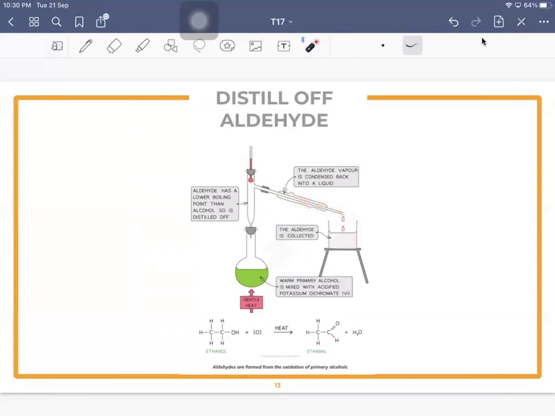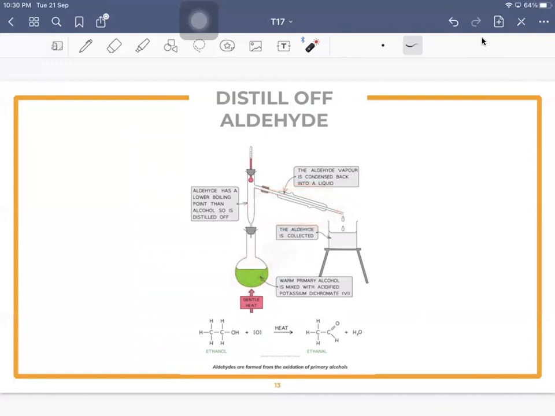You do not want aldehyde to stay in the reaction mixture because if the aldehyde reacts with the oxidizing agent, you will get a carboxylic acid. This is a problem if you want to collect aldehyde and you don't have a distillation setup, because you wouldn't be able to collect it.